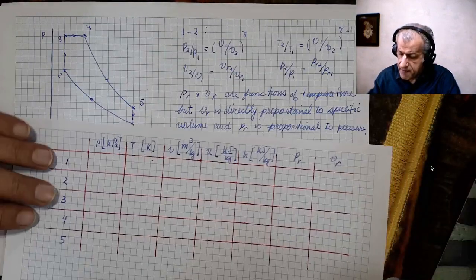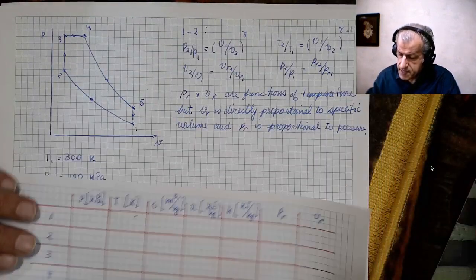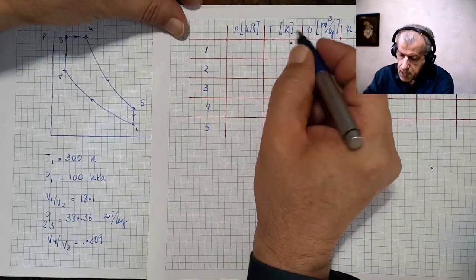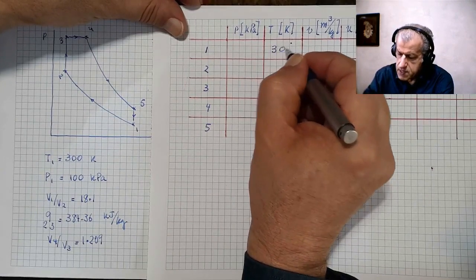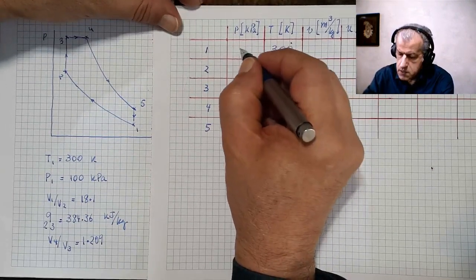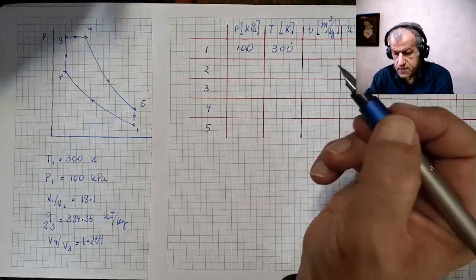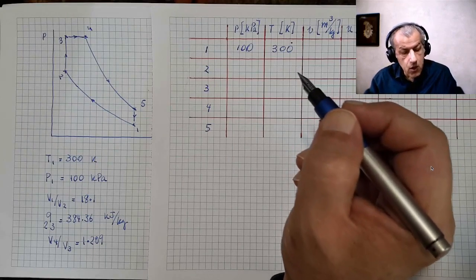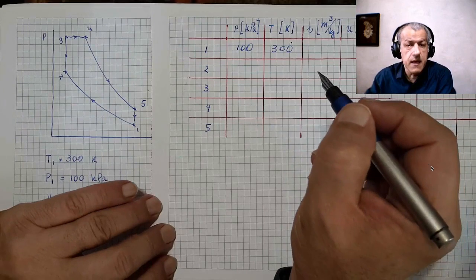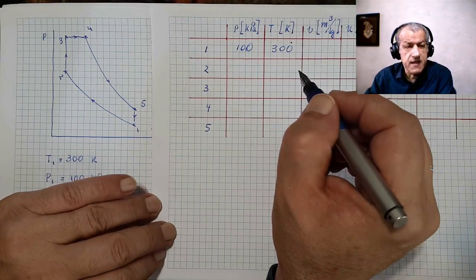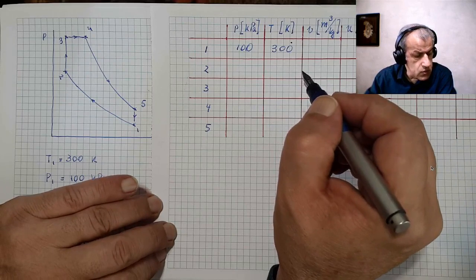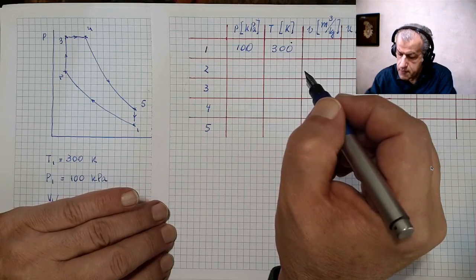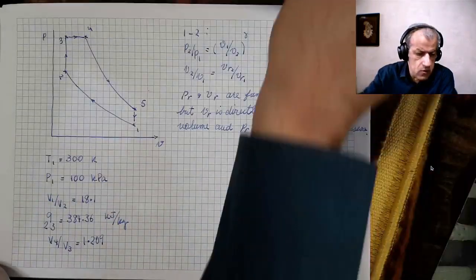So what we have for the time being is that in this very problem, we know that T1 is 300 Kelvin and P1 is 100. These are the two values that we already know. And since it is air and it is a perfect gas, what we could do is calculate the specific volume V1.